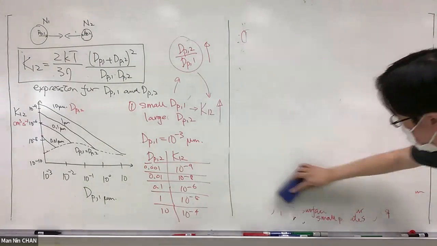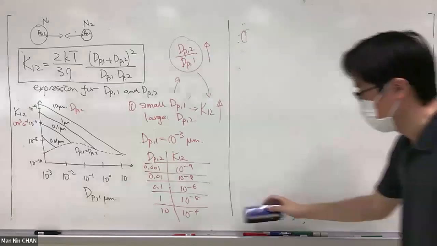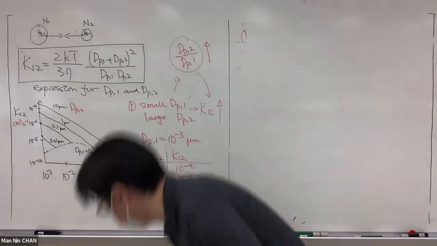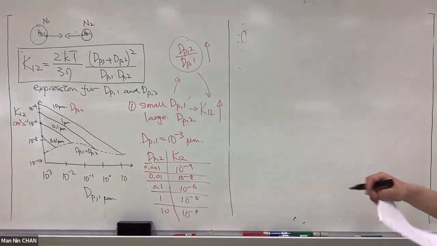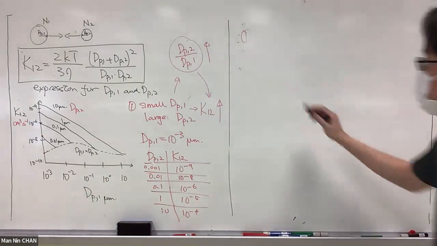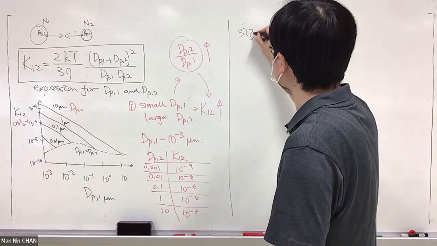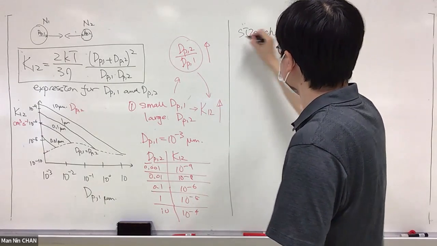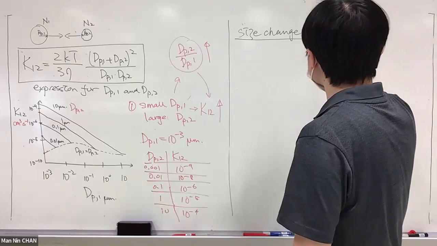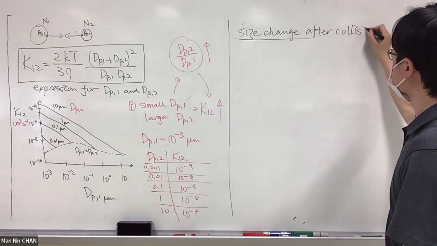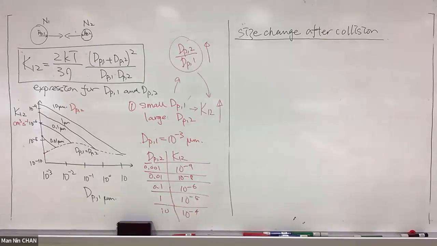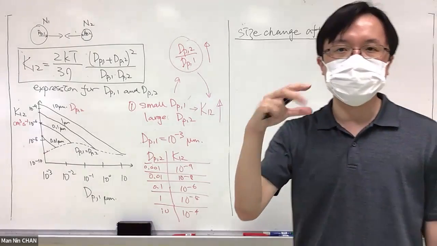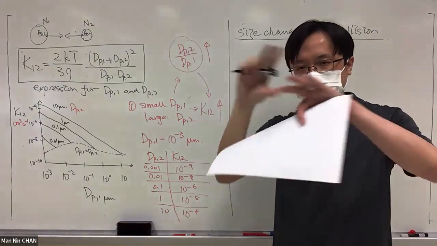And also one thing: we have discussed the size change, but I still want to have some discussion about the size change. Because the last time we talked about two particles with the same size.